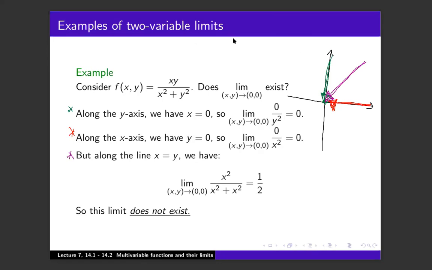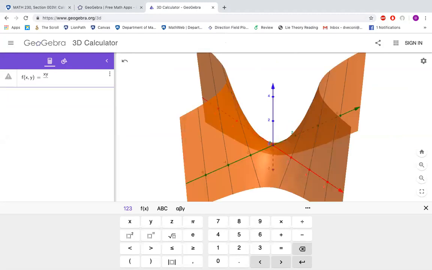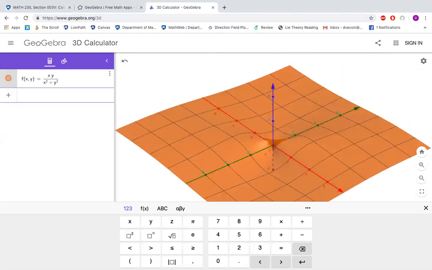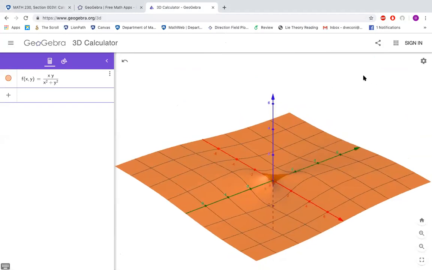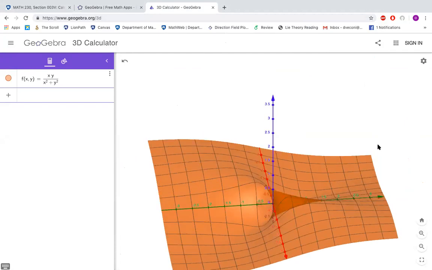So let's consider what that function looks like. It's f(x, y) equals xy over x squared plus y squared. Let me try zooming in a little bit so you can see the weirdness.